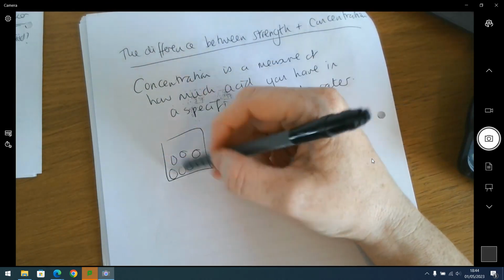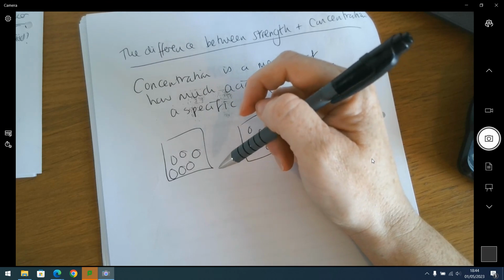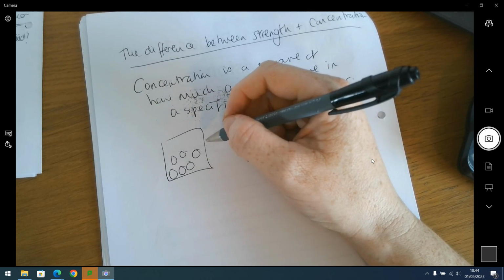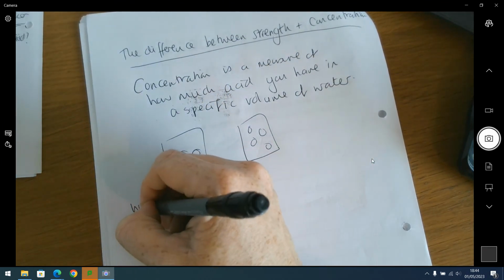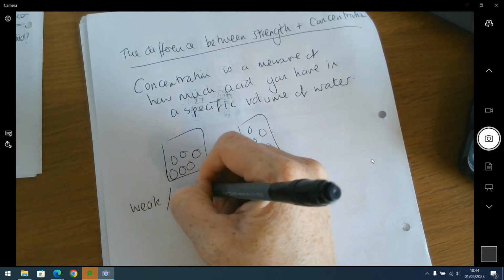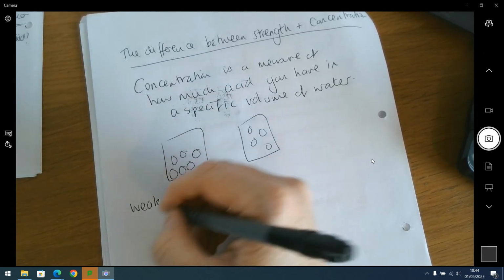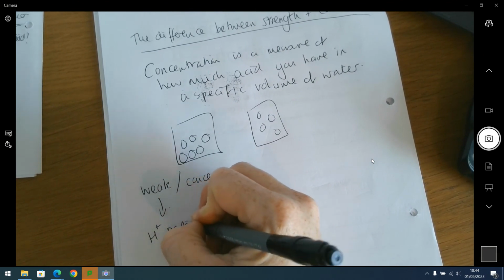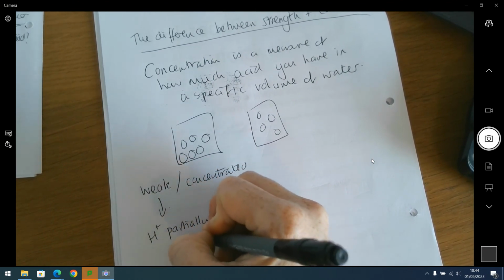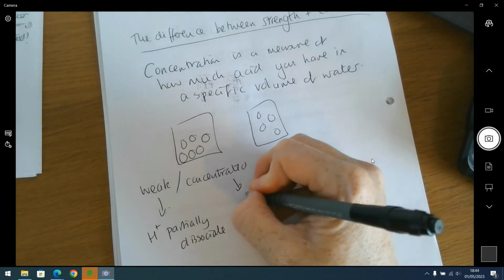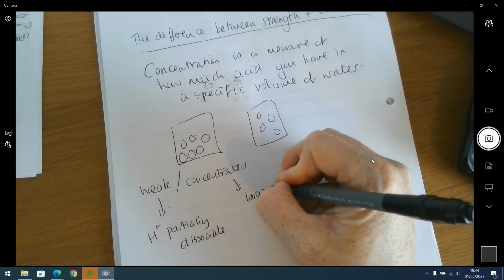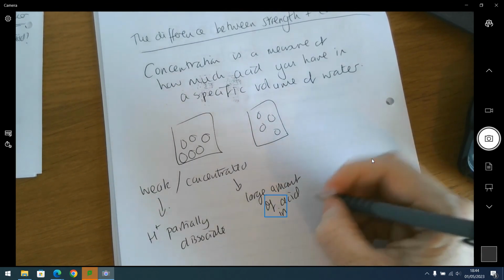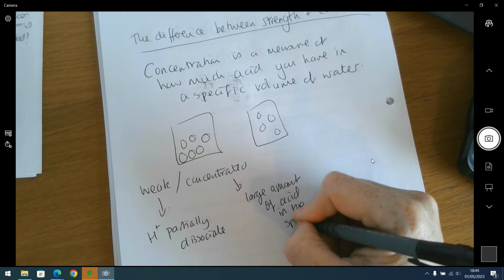So if I'm asked to just describe how I have, for example, a weak acid that is concentrated, well, they want us to tell us how we can have a weak but concentrated acid. For the weak part, I'm going to say the hydrogen ions only partially dissociate. However, there is a large amount of acid in the specific volume of water.